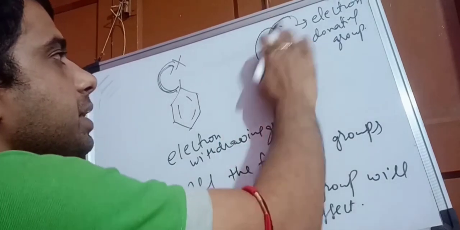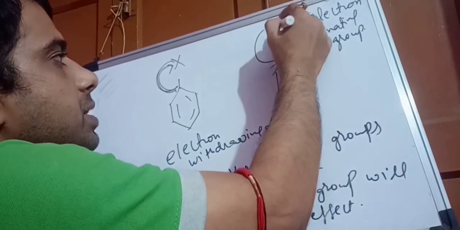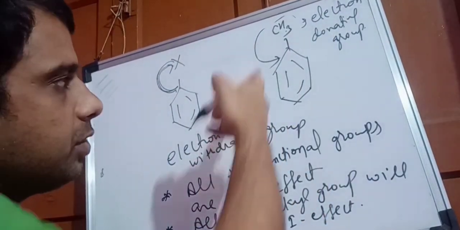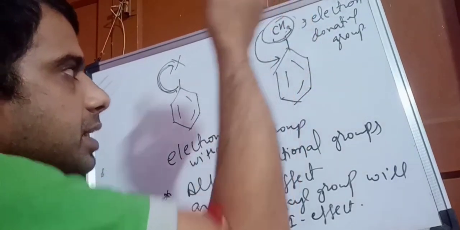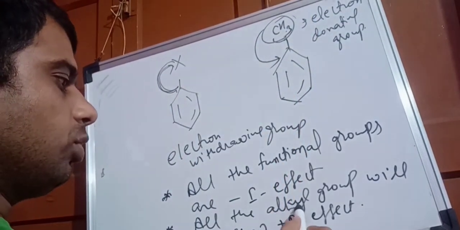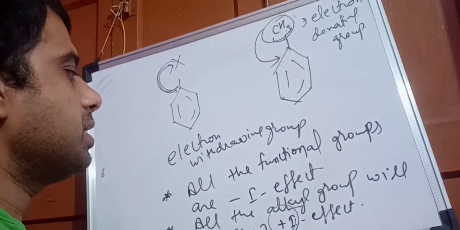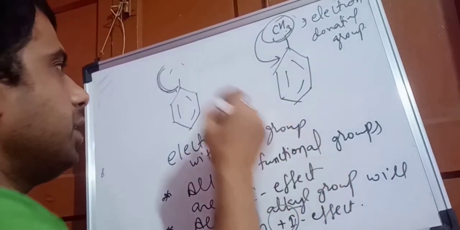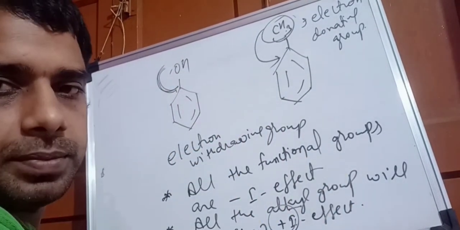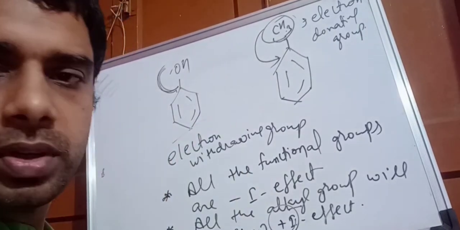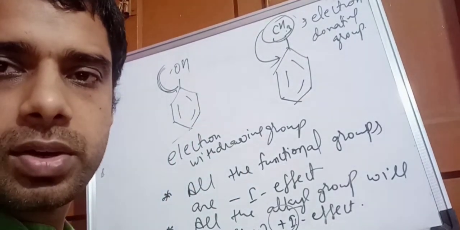Now, if I connect CH3, you cannot tell easily. CH3 is an alkyl group, so the positive I effect will be shown in this case. If I write any functional group here, like OH, the negative I effect will be shown. So this one we have discussed now.